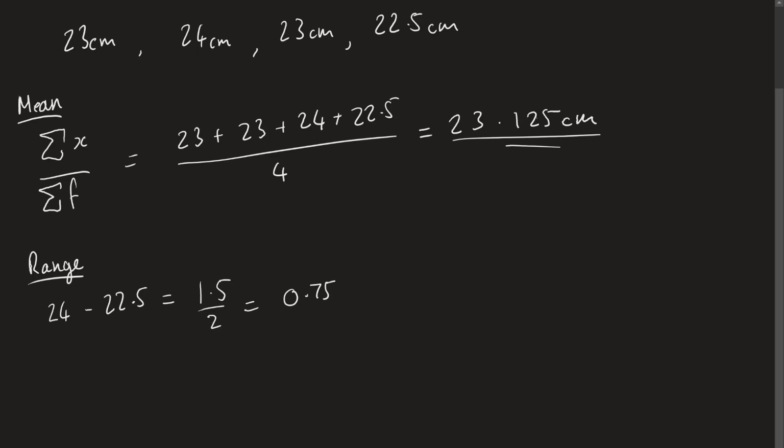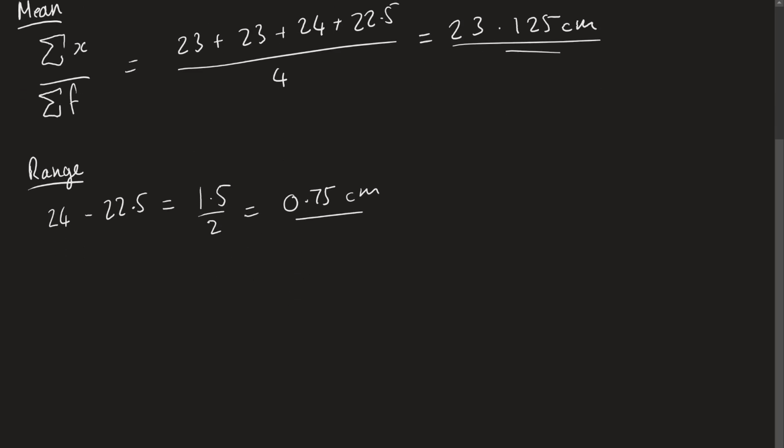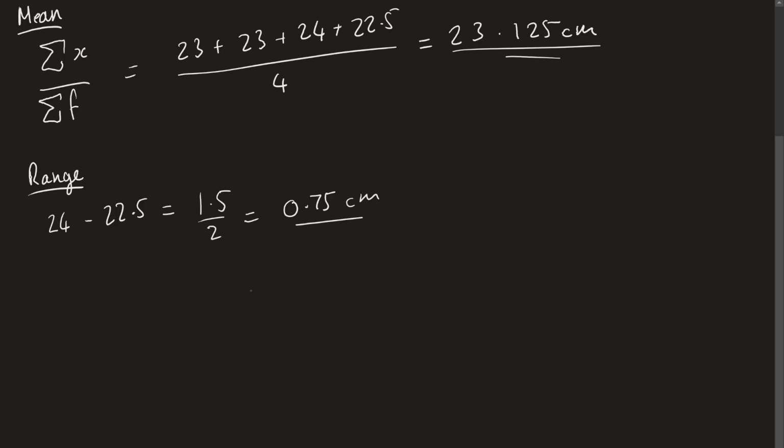So actually in this case here, we could say that the length of this rope is actually going to be 23, I would just stick to 23 here, plus or minus 0.75 centimeters. And this is how we would write our final result.